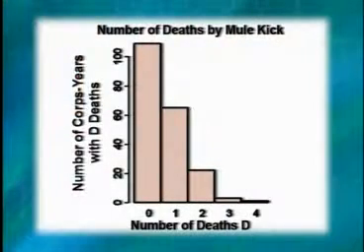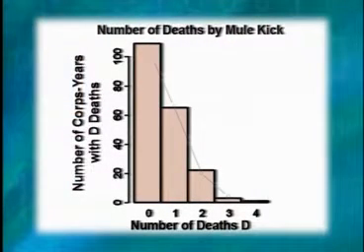They're independent events. And so when you have that kind of situation where the probability of being killed by a mule kick is basically the same over short periods of time, and they don't affect each other, they're independent, that's when the distribution you get is going to be approximated by a Poisson distribution.